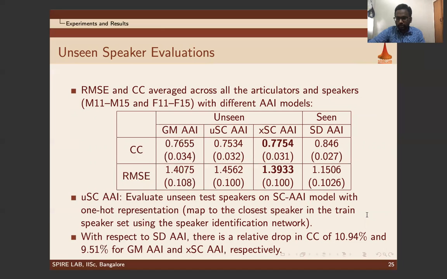The corresponding one-hot representation is fed to the USC AAI model during evaluation. We observe that x-vector performs better than the baseline methods. With respect to the speaker-dependent AAI model, the relative drop in the x-vector model is less compared to the generic model AAI.